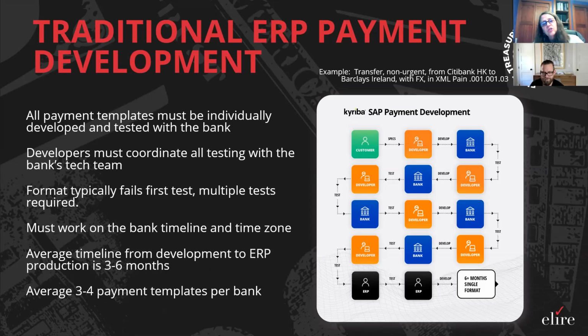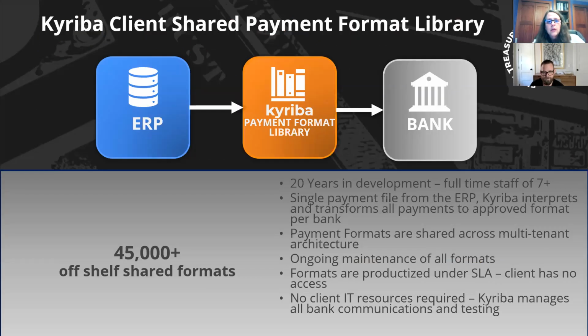So this is traditional development. This is really what Kyriba does. We're able to take a single payment file that comes out of the ERP. It hits against our payment format library. Again, we have more than 45,000 different formats available.